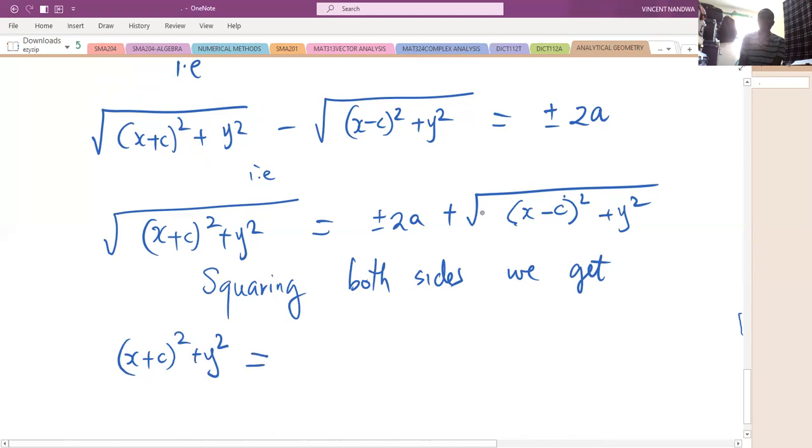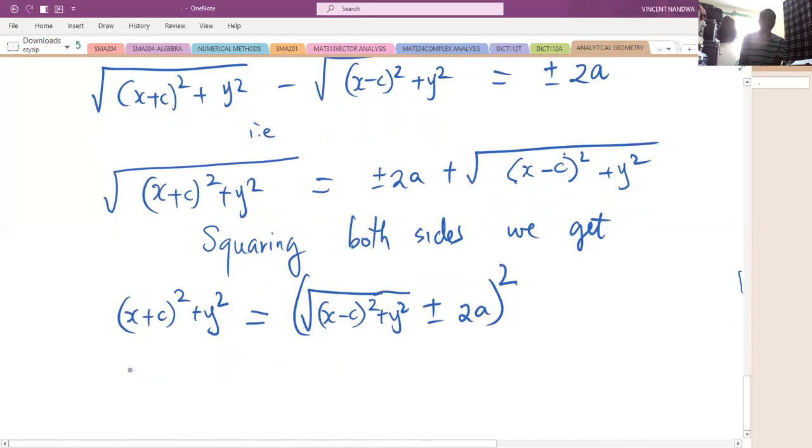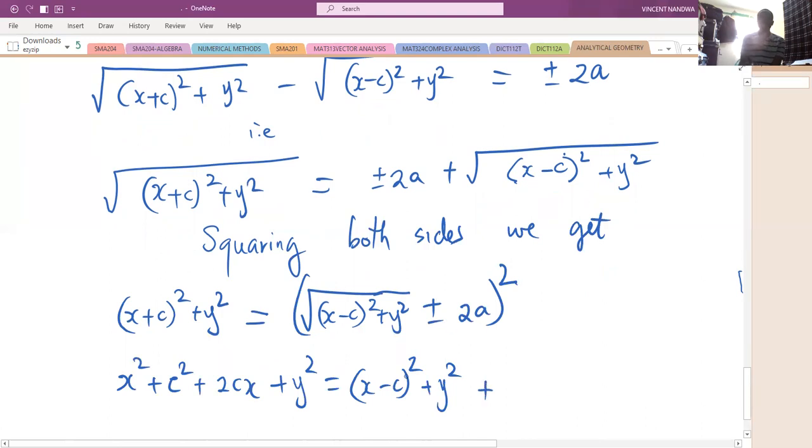On the right, this is the same as writing the square root of X minus C squared plus Y squared, plus or minus 2A, all squared. This gives us X squared plus C squared plus 2CX plus Y squared equals X minus C squared plus Y squared, plus 4A squared, since plus or minus squared gives positive, and then plus or minus 4A times the square root of X minus C squared plus Y squared.